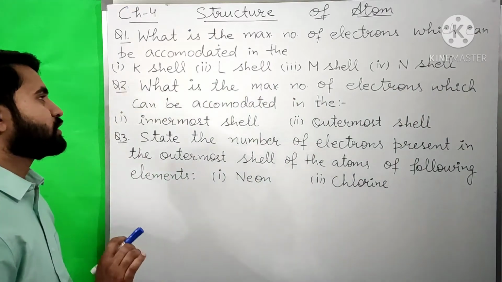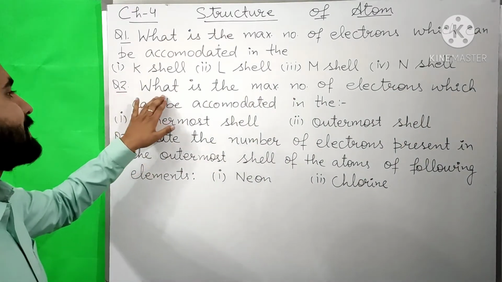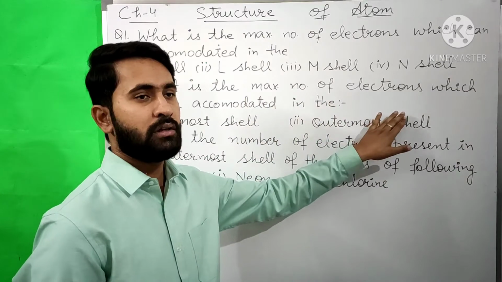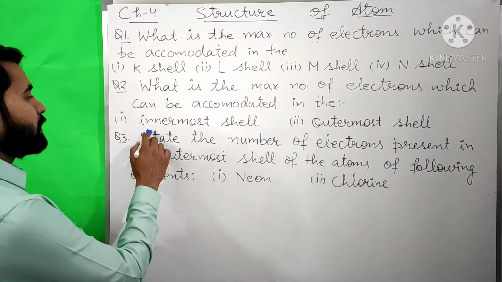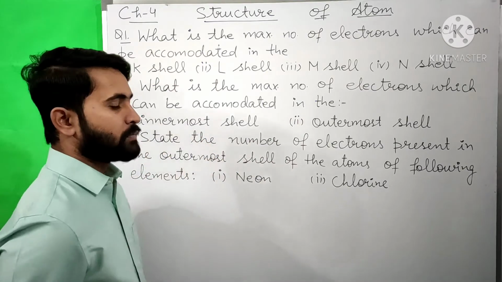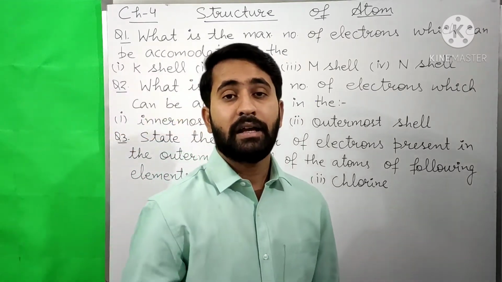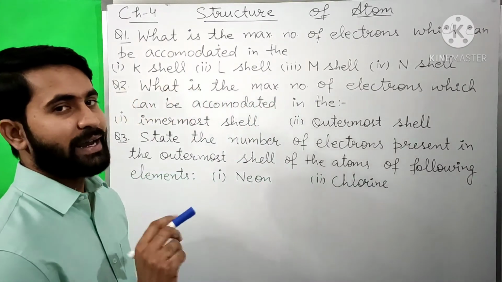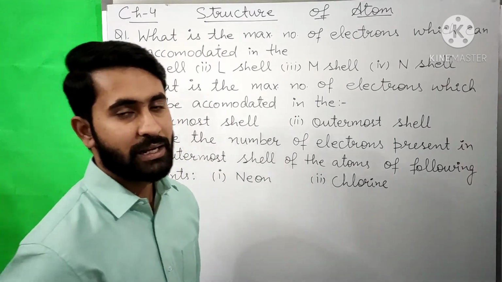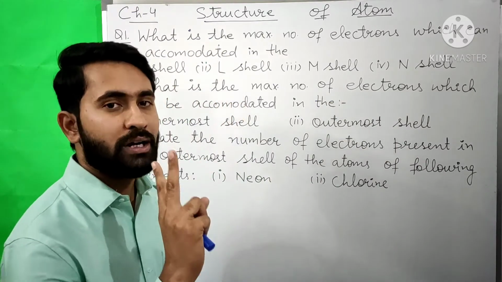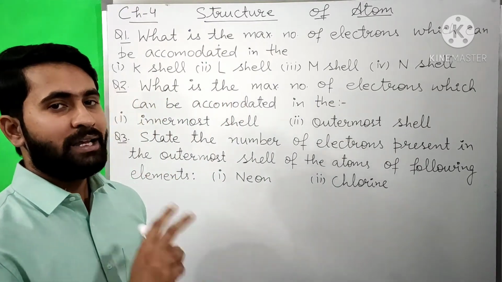Now the next question is, what is the maximum number of electrons which can be accommodated in the first part is innermost shell. So we have read that the innermost shell of an atom is K shell. So in the innermost shell, that is K shell, only 2 electrons can be accommodated.